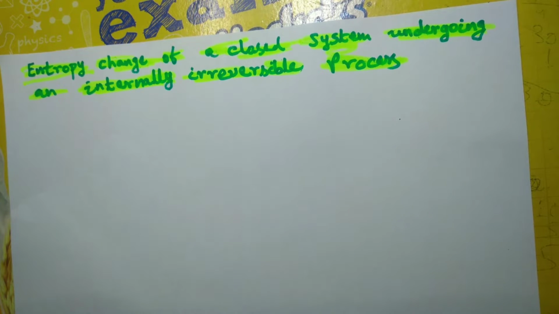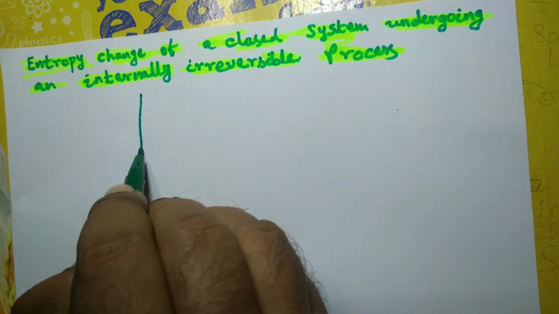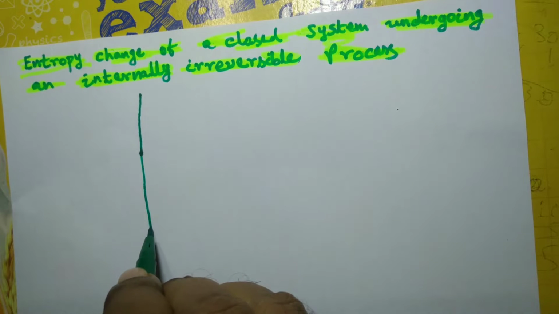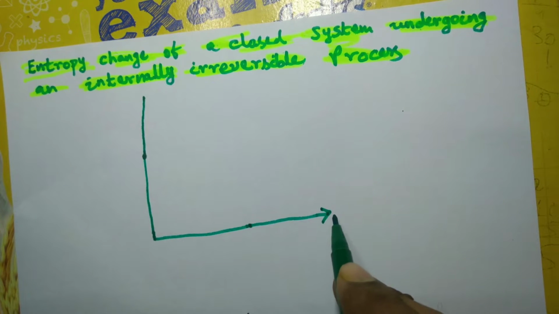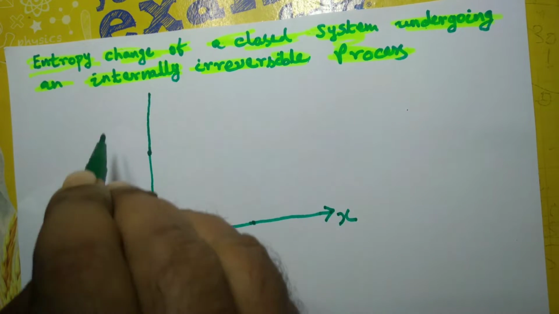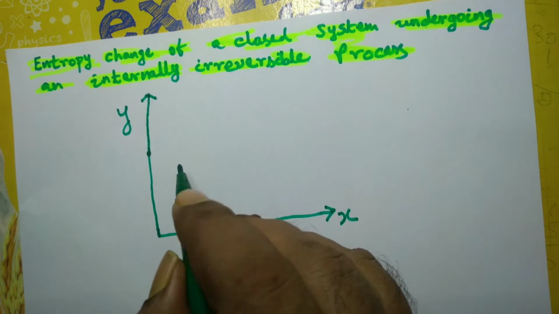Let's get started. Suppose this is a property diagram. This is the x-axis, representing one property, and this is the y-axis, representing another property.